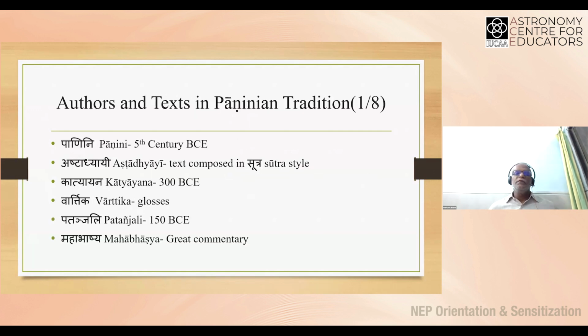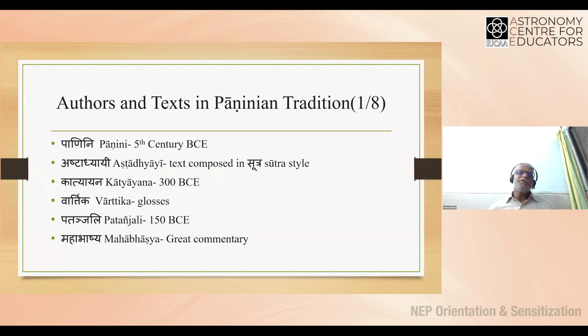So here are some of the authors and some of the texts in the Paninian grammatical tradition, which we shall be dealing with, and we'll be bringing out some salient features of this great tradition and these texts. The first and foremost of this particular tradition is Panini, of course, who lived around the 5th century BCE.